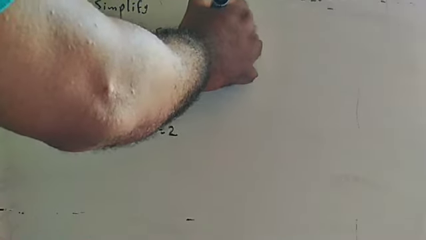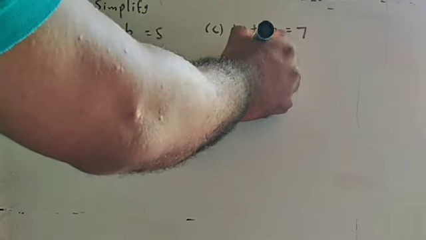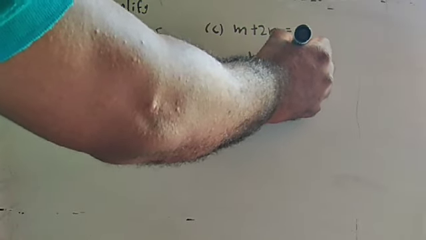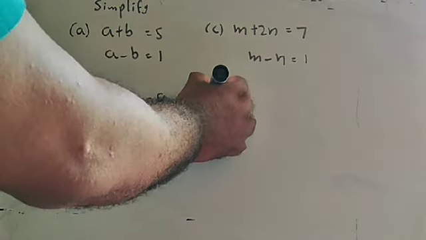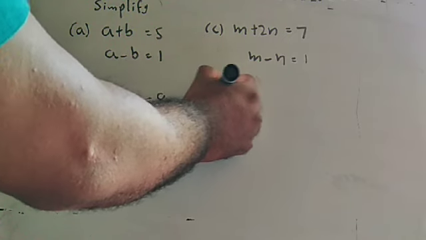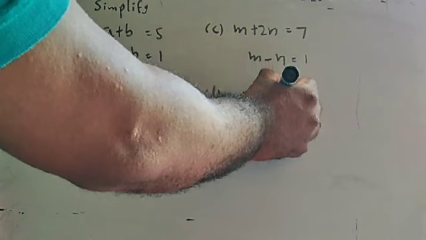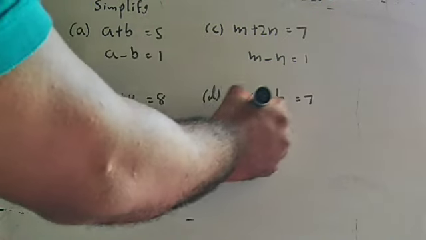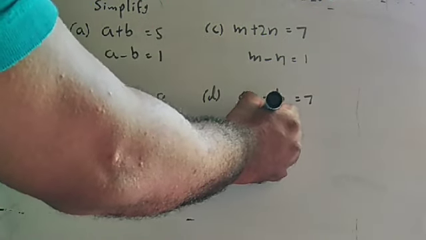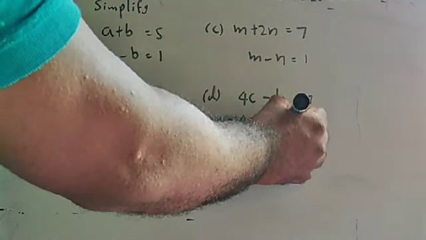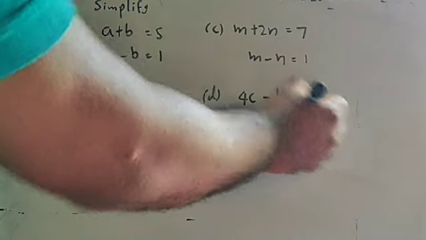C: m plus 2n is equal to 7, m minus n is equal to 1. D: 4c minus b is equal to 7, 4c minus 2b is equal to 2. Right?